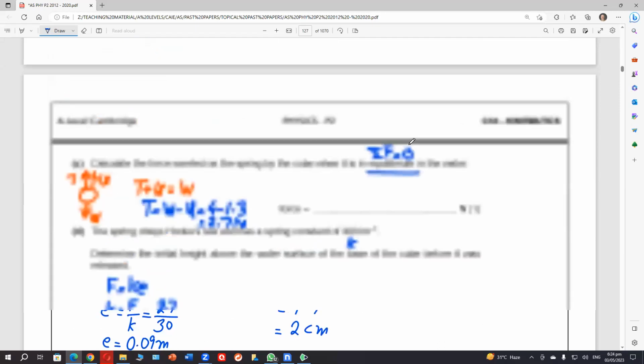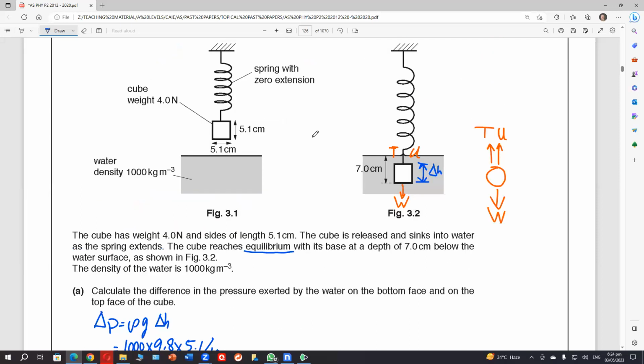As soon as you release it, you have to see carefully how much force will be left. As we release it, it will be 2.7, because as soon as you release it, spring is over. When the spring is not active, there is no tension. Only it's a competition between upthrust and the weight.